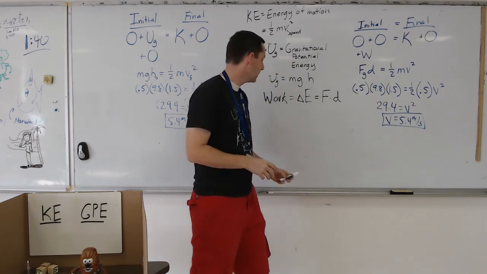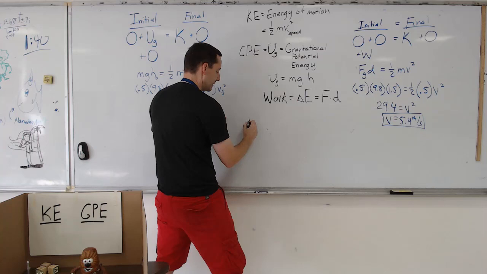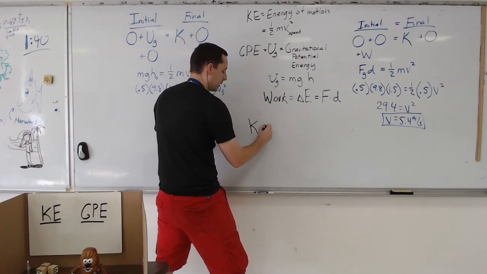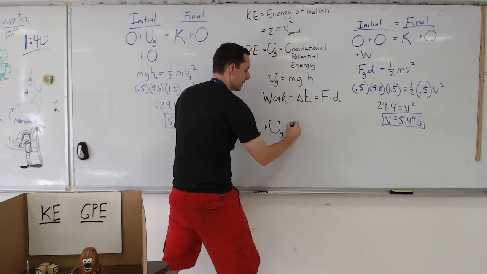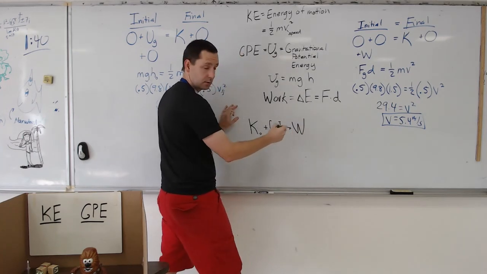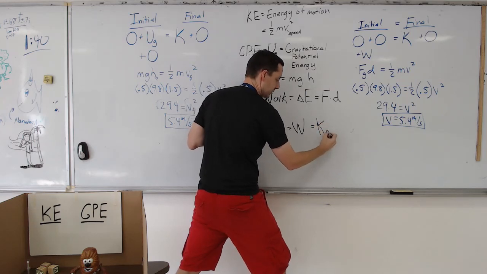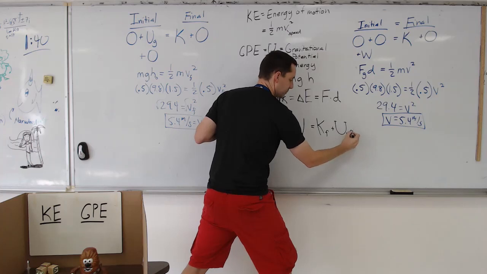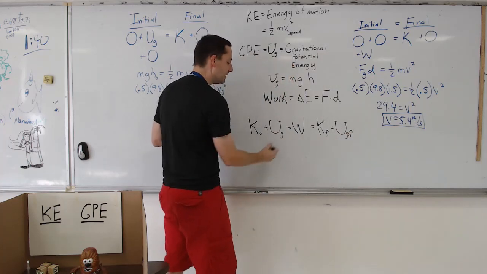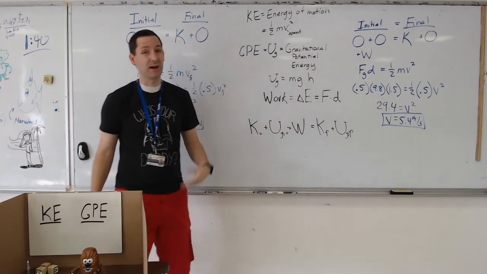In the end, this is what I want you to remember. You need to know that the initial kinetic energy plus the initial gravitational energy plus the amount of work coming in should equal the final kinetic energy plus the final gravitational potential energy. And yes, you do need the G there because we're going to add in one other type of potential energy by the end of the year.